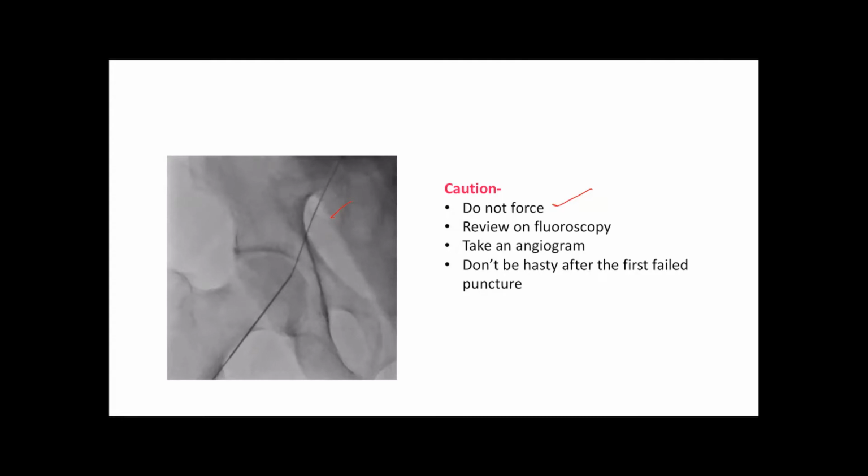Another possibility could be that you may be very low and your wire may have come down into the SFA or maybe even the profunda femoris artery. I have seen cases like that where the person is trying to push in a sheath, it's not going, and when you see on fluoroscopy, instead of the wire going into the external iliac artery, it has come down into the profunda femoris or maybe the superficial femoral artery. So that can create trouble.